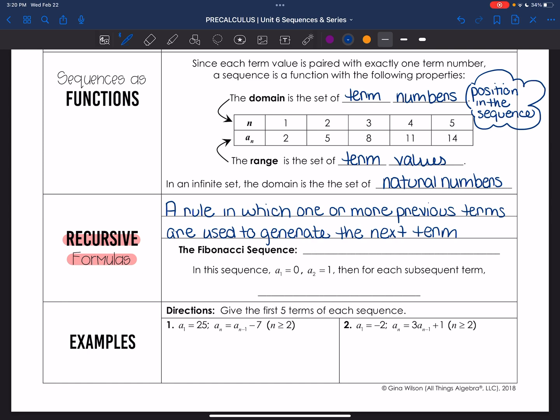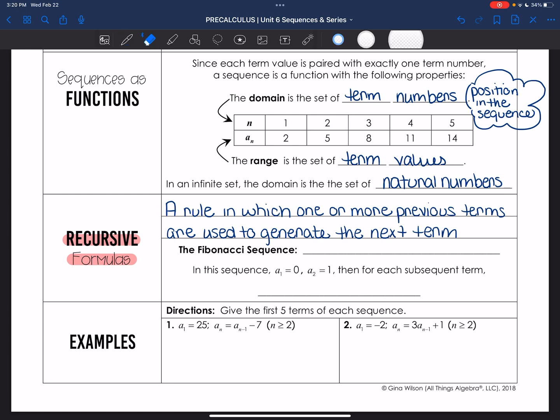A recursive style of writing our formula is just a rule where one or more previous terms are used to generate the next term. So you're going to be writing it with respect to the previous terms. Take, for example, a very familiar sequence called the Fibonacci sequence.